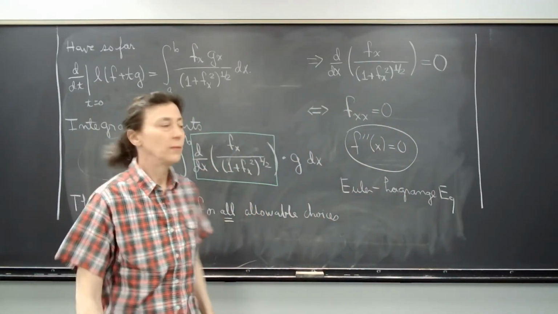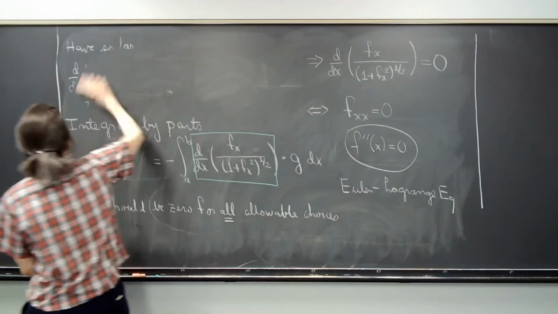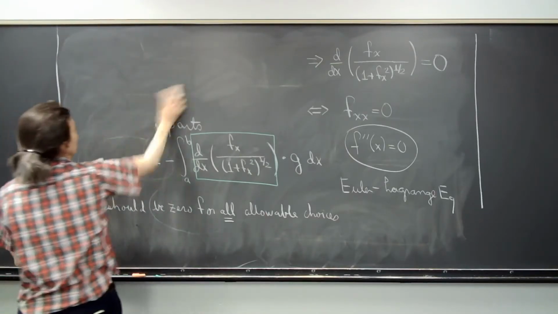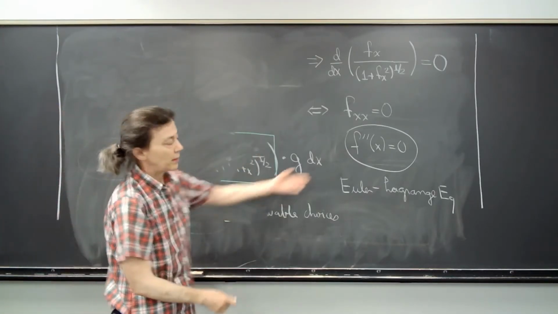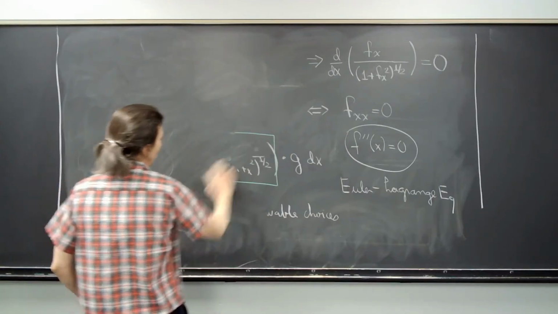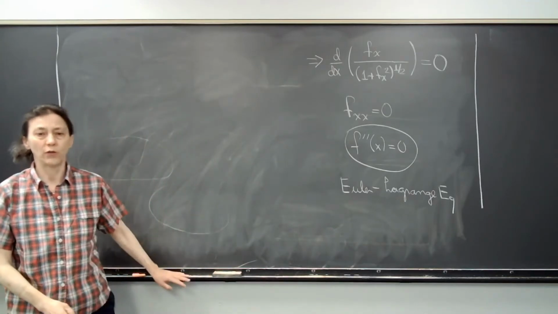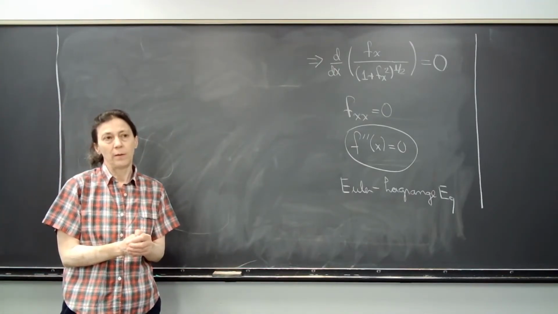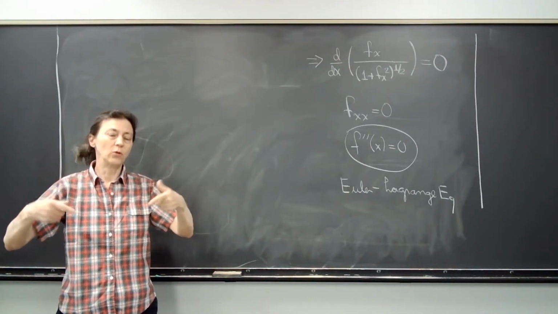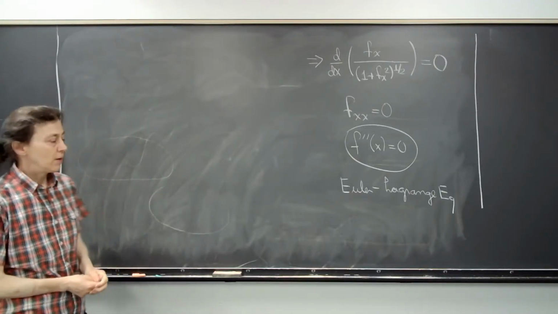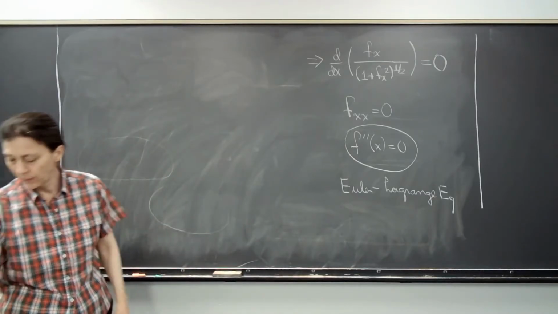Okay, let's look at another physical geometric example. Very, very similar. I mean, this one was so familiar that, of course, you ended up with the equation that you already knew. If I asked you what differential equation is satisfied by a curve that generates a surface of revolution of minimal area, well, that equation is not so familiar.